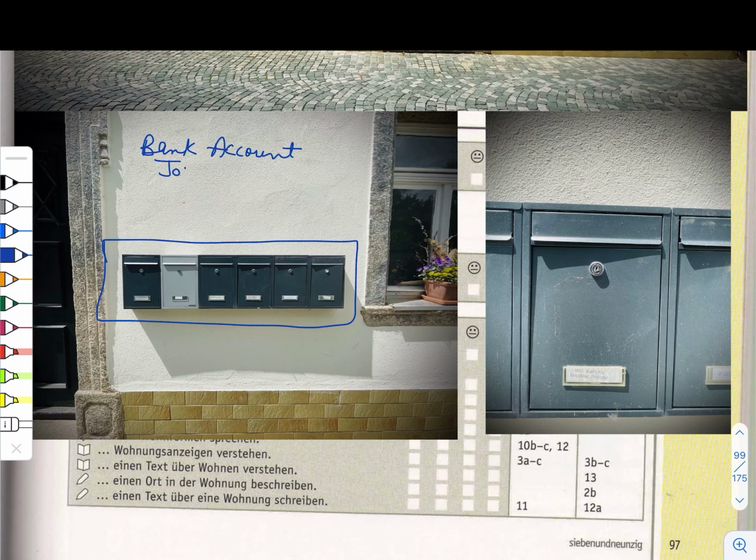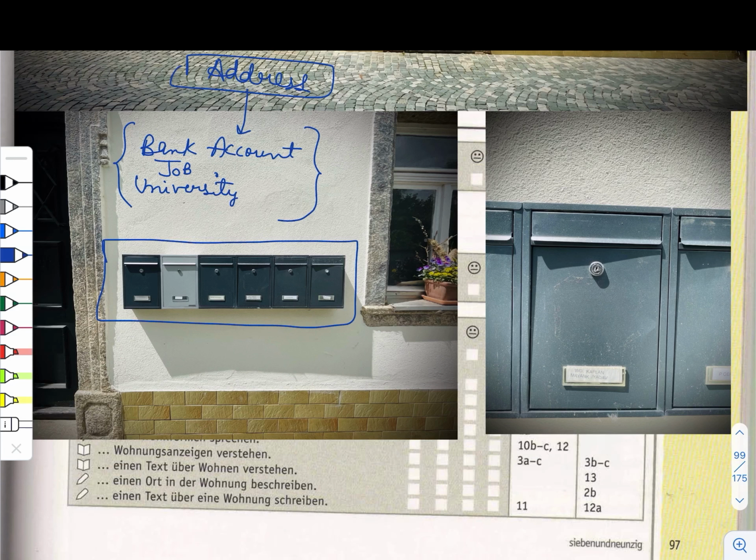Or for example, you got a job. Or for example, you are a student and you are in university. Now, whatever documents you are receiving, first you need to provide them your address where you live. Okay, then only they can send you here.